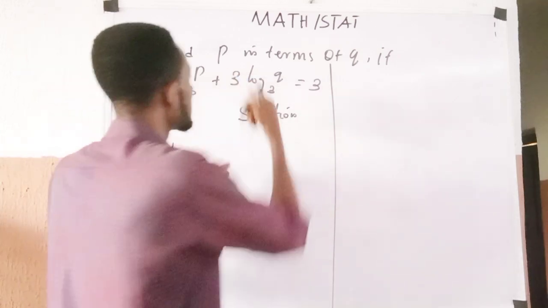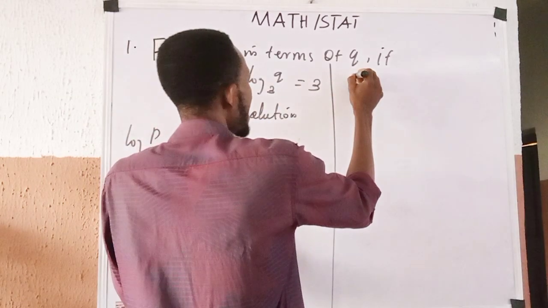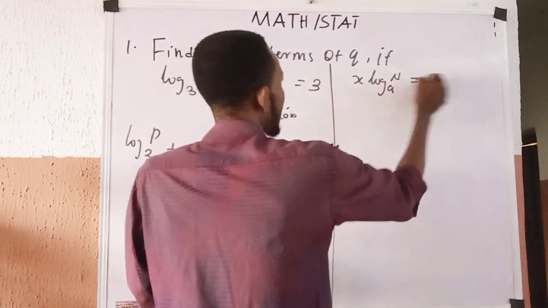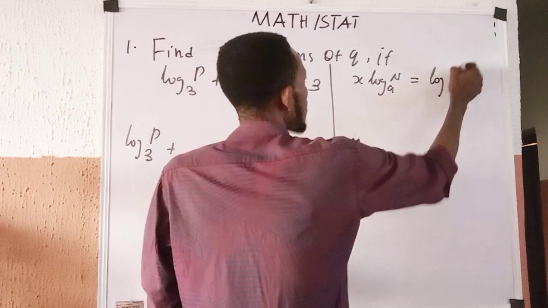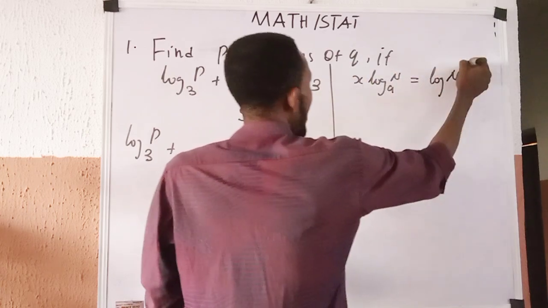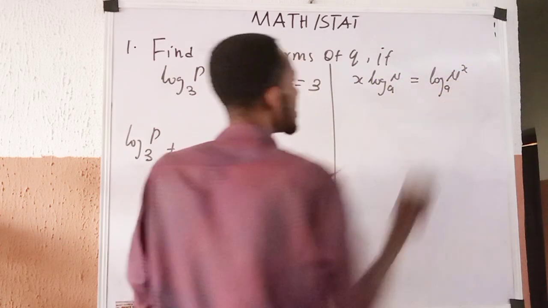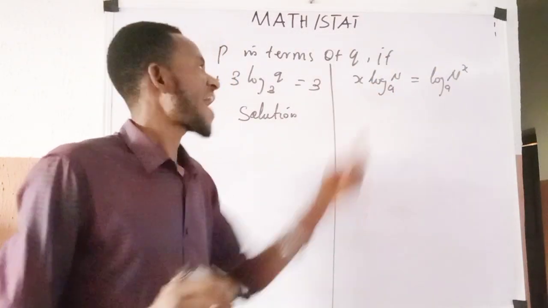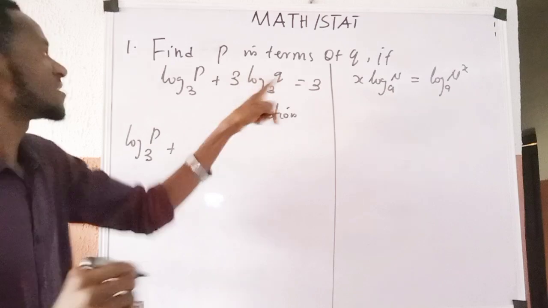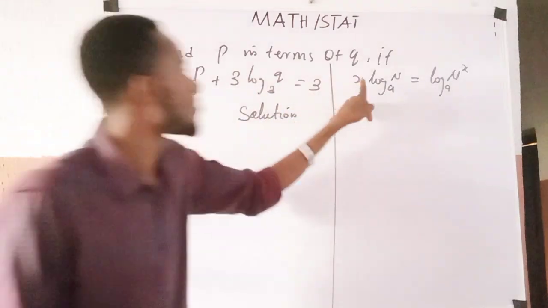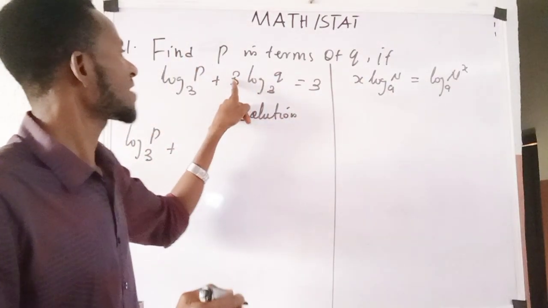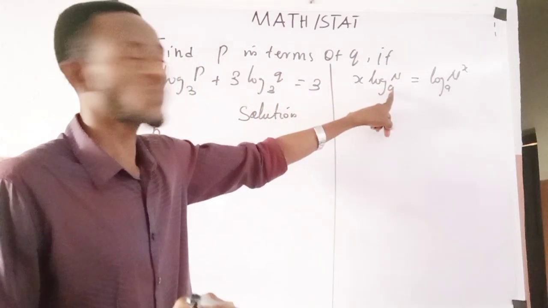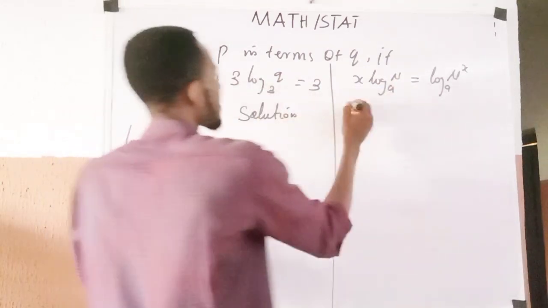Because in logarithm, once we have x log n base a, it can be written as log of n raised to power x, base a. This and this mean the same thing in logarithm. I am looking at this x as if it were 3, this Q as if it were n, and this 3 as if it were a.